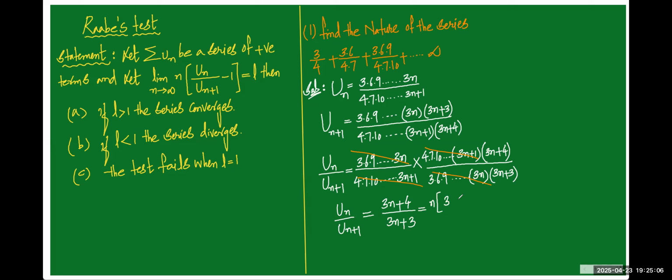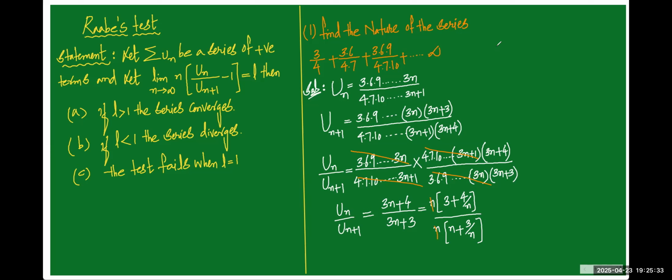We are left with 3 plus 4 by n. Similarly, from the denominator we are left with 3 plus 3 by n. This n and n cancel. Now we can apply the limit.